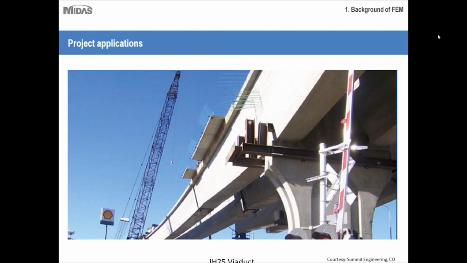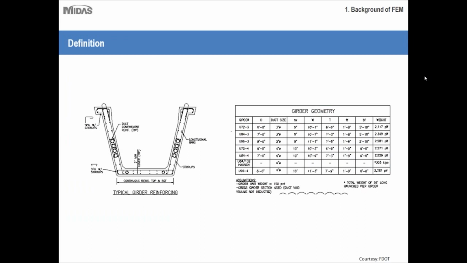So now let's move on to the definition of this section, what these sections are like. As we mentioned, it is a U-beam or a U-girder. You can see it is a wide section. Essentially it is a box section without the slab or the lid on top.